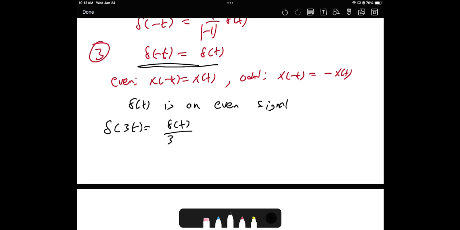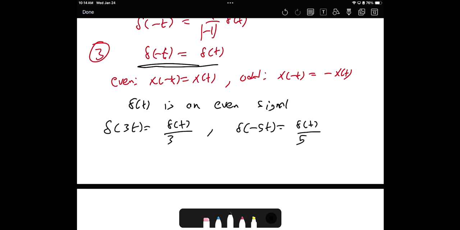That's it. And delta of negative 5t will be delta of t over 5. So whenever I have a constant times the time, I can remove it easily. Okay, does this make sense?